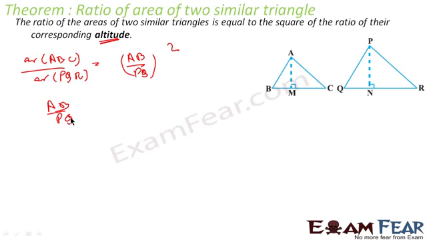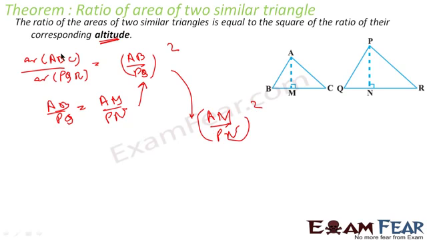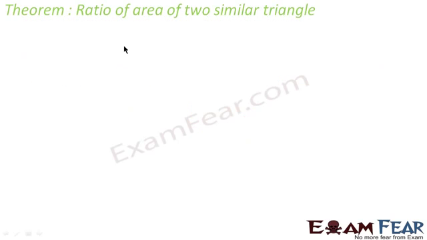Also, we have proved that AB by PQ is equal to AM by PN. Ratio of sides is equal to ratio of altitude in the previous videos. So instead of AB by PQ, I will put AM by PN here. So this becomes AM by PN square. So we can say that ratio of area of two similar triangles is equal to ratio of the altitude square.